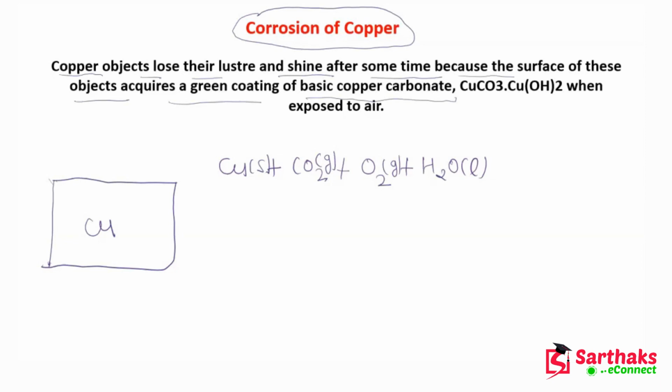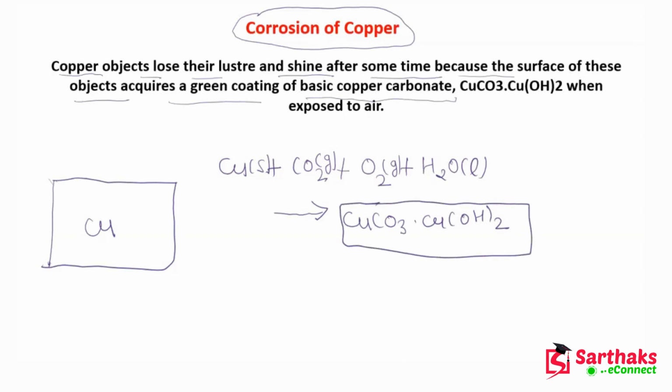So when these reactants react, they will form basic copper carbonate. And what is the formula of basic copper carbonate? So CuCO3.Cu(OH)2. This is the formula of basic copper carbonate.